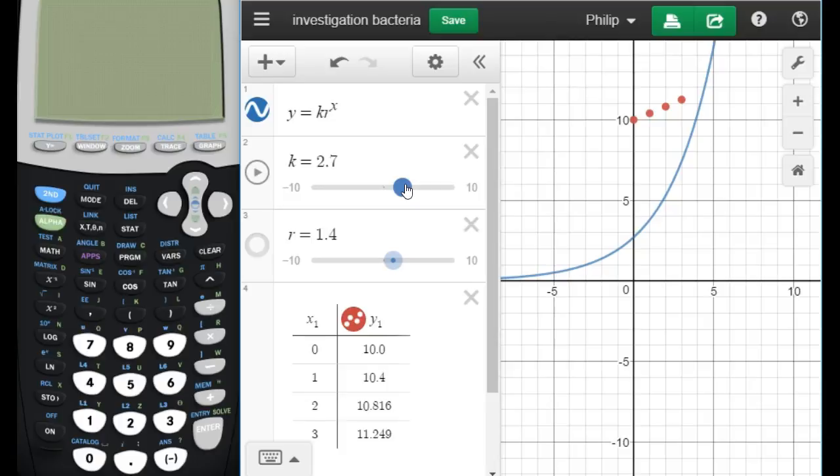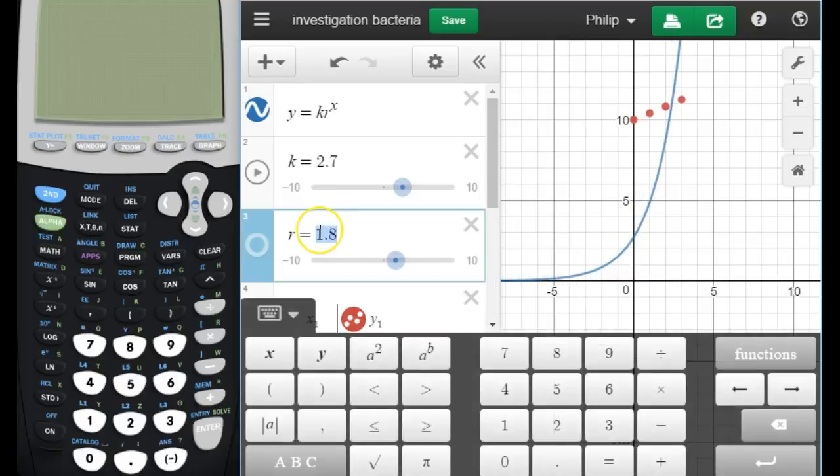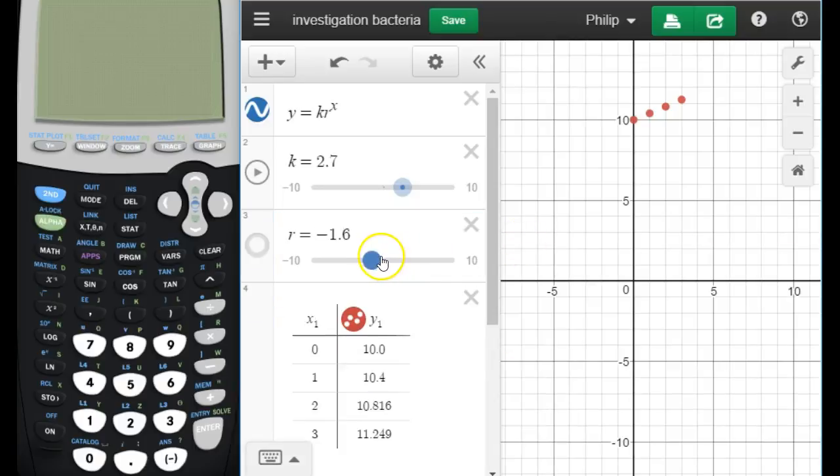Okay, r slider. Oh, interesting. So when the r slider is 1, oh, it's a flat line. Okay, when r is less than 1, let's see, less than 1. I don't see it anymore. Oh, there it is. Less than 1.